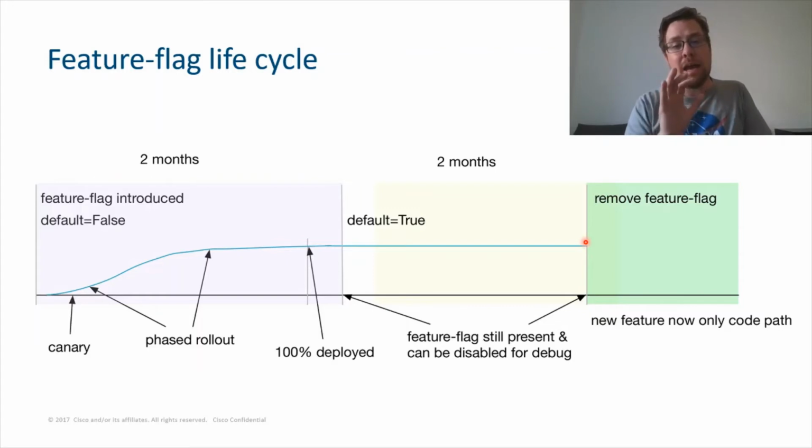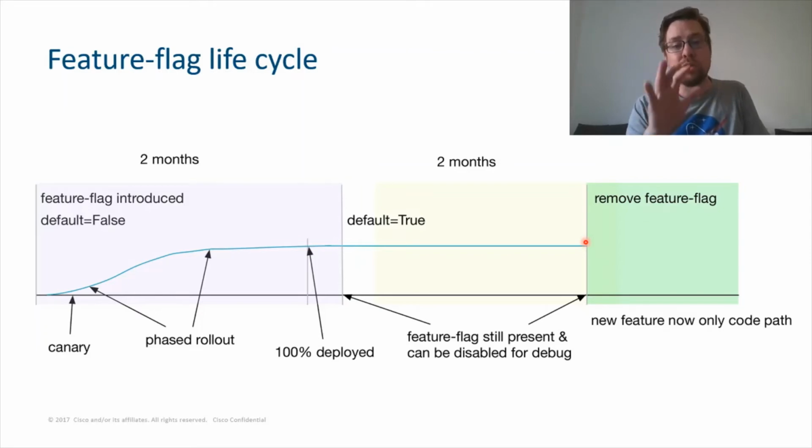We have this feature being enabled for all instances, but the feature flag is still there. And this gives us the ability to disable the feature flag in case we need to do that for debugging.